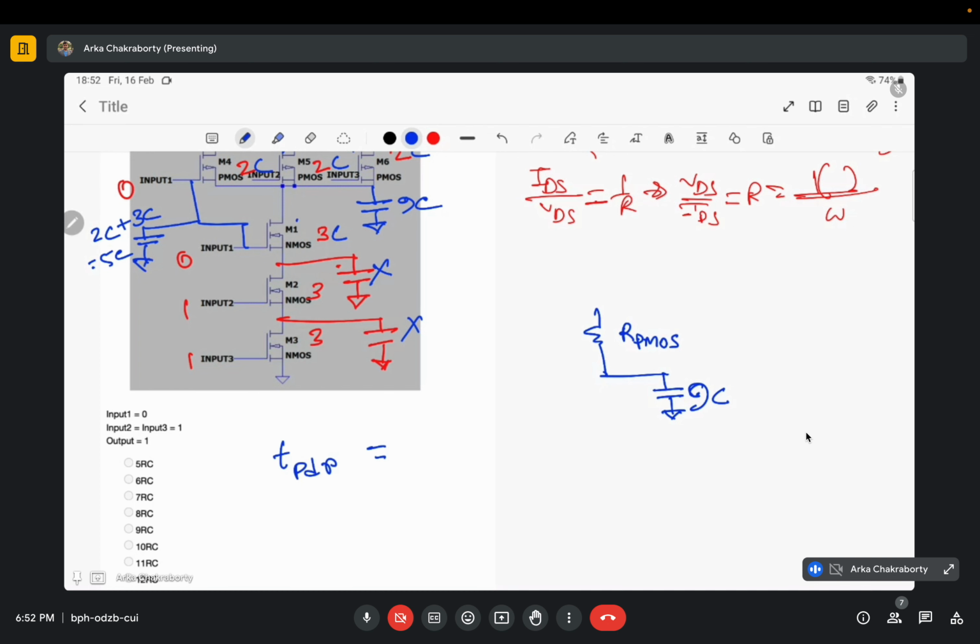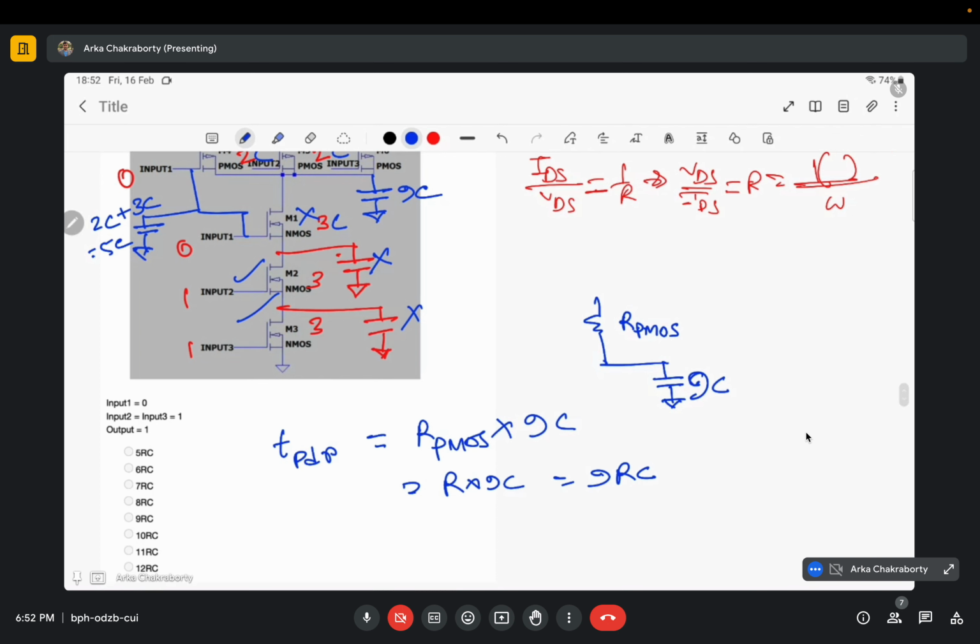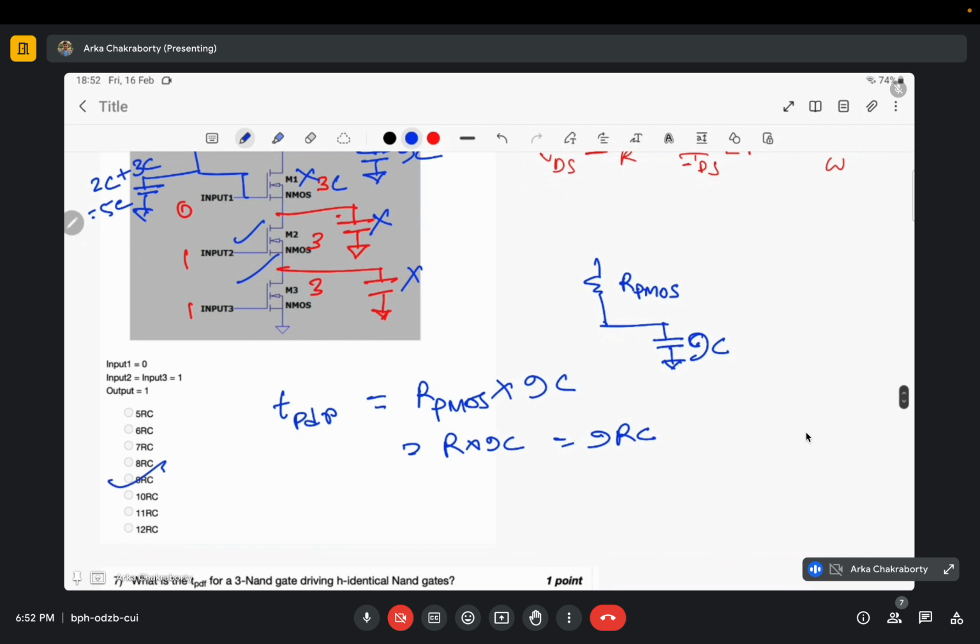Moreover, this one is also off and these two are on, so no need to worry about them. So what would be my propagation delay? It would be R PMOS into 9C. R PMOS is R, so R into 9C, so 9RC. Simple, 9RC, it's very simple.